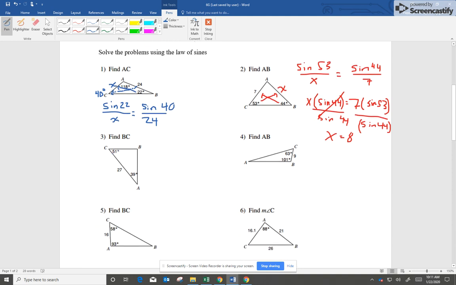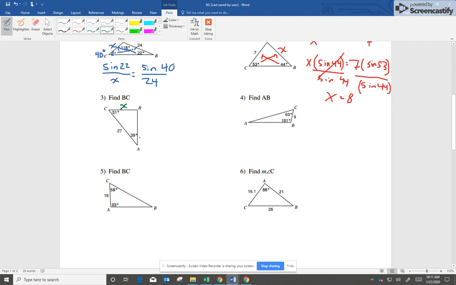Similar to here, if we're looking for BC, so BC is this. All right. So the x, which is side BC, is across from the 39-degree angle. So it'll be sine 39 over x. And then the only other side we have is this 27 right here, and the 27 goes to angle B. All right.